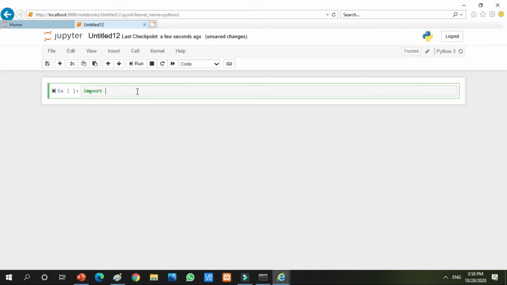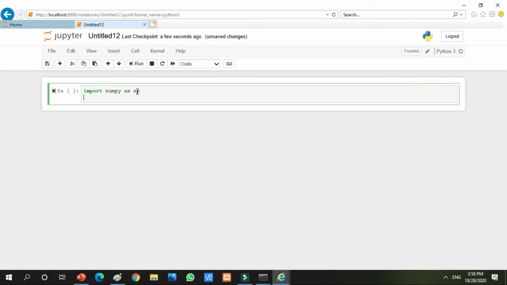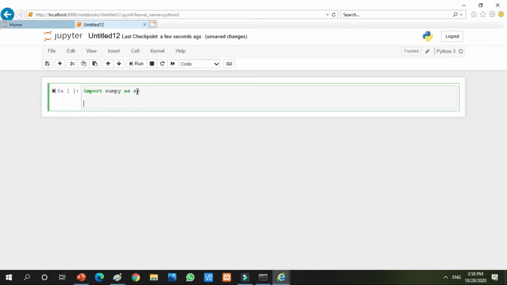I am here importing numpy as np. After importing numpy, I am making an empty matrix. What is an empty matrix? Let me write it. I am writing a variable y_prediction equals np.zeros.